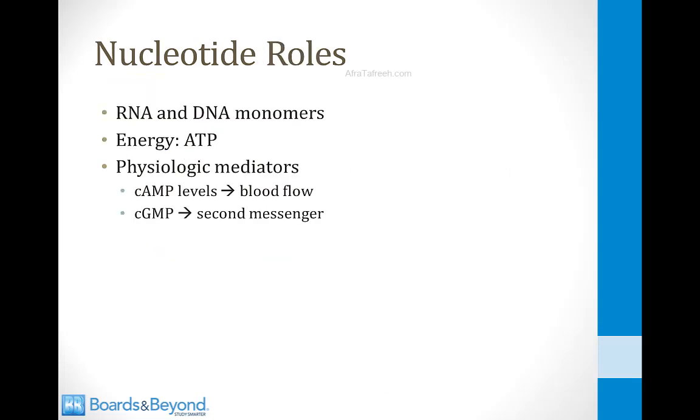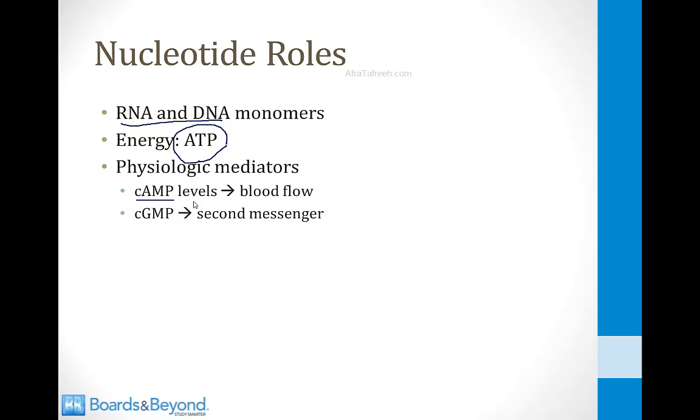Before we proceed with discussing purine biochemistry, let's talk about some of the roles that nucleotides play inside the cell. As I just said, they can serve as building blocks for RNA and DNA synthesis. In addition, you can see nucleotides used as a source of energy. You probably know that ATP is the major cellular source of energy, and ATP stands for adenosine triphosphate, and that is the nucleotide adenosine.